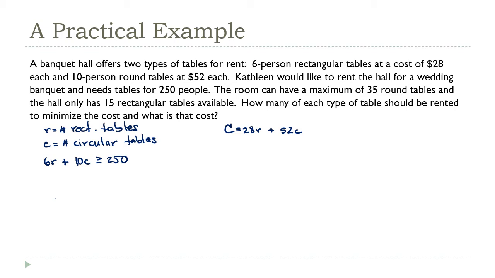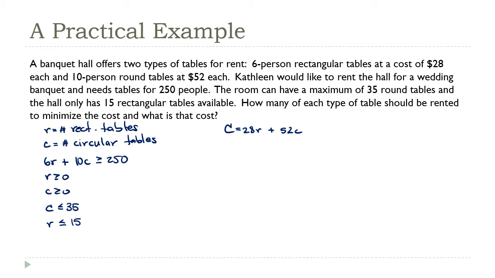Okay, so what else? Well, first, put the obvious in here, right? R has to be greater than or equal to 0, and C has to be greater than or equal to 0, because we can't have a negative number of tables. And what else do we know? The room has a maximum of 35 round, so C has to be less than or equal to 35, and a maximum of 15 rectangular, so R has to be less than or equal to 15, and that's it.